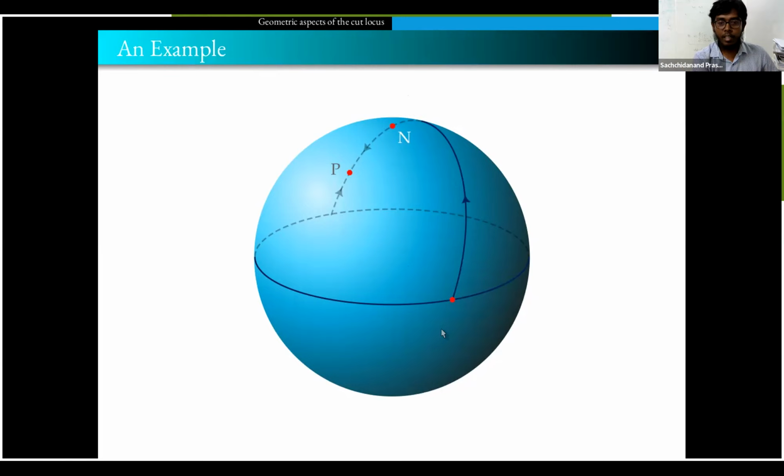And similarly, the south pole will also be a cut point, and hence the north pole and the south pole form the cut locus of the equator.